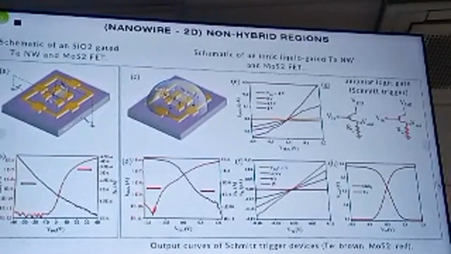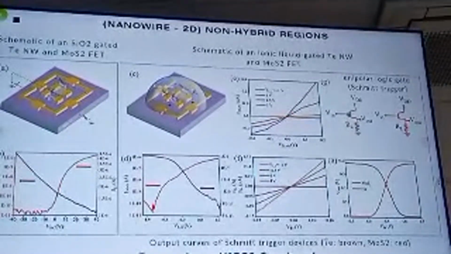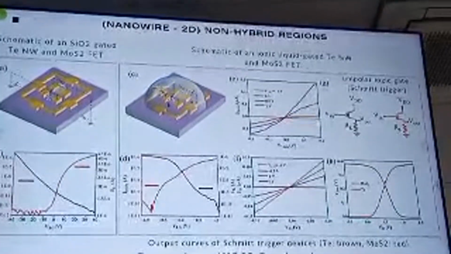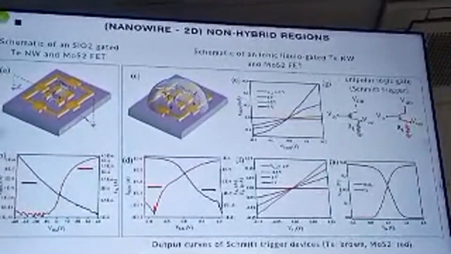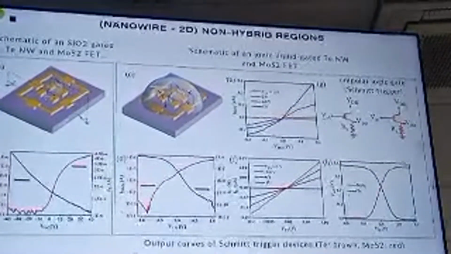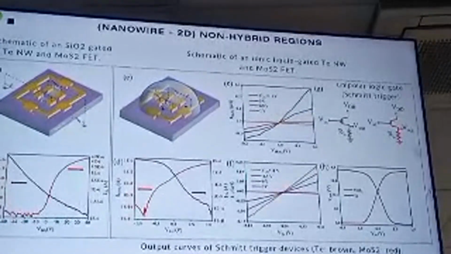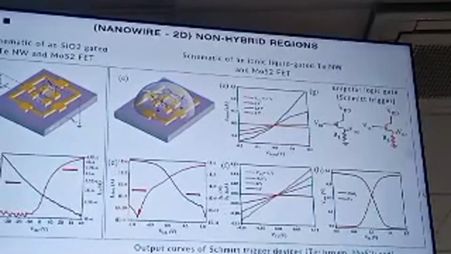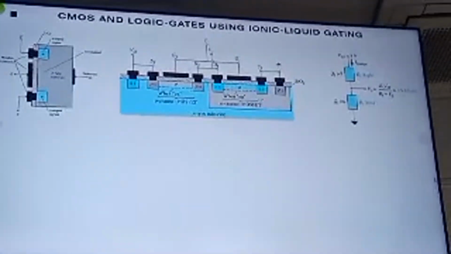So let's say I have an effective gate, which is ionic liquid for the moment, and I can create these sort of CMOS circuits where this is N and this is P. This is like what you have studied in your digital electronics course. From the PMOS and NMOS you could create these sort of circuits where N and P can be combined. So you can find a region where CMOS would operate. This is the basic architecture of this.